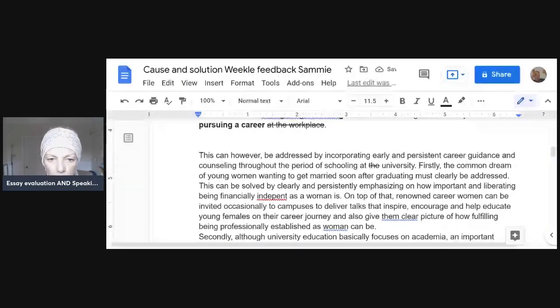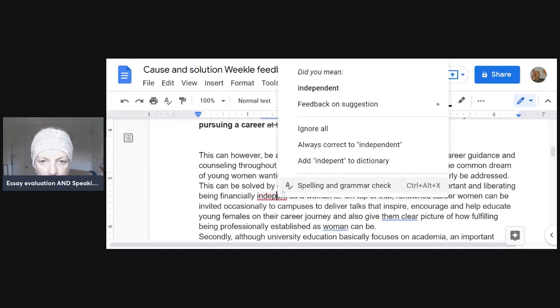Firstly, the common dream of young women wanting to get married soon after graduating must clearly be addressed. This can be solved by clearly and persistently emphasizing on how important and liberating being financially independent as a woman is. We don't say emphasize on, we just emphasize how important and liberating being financially independent as a woman is.